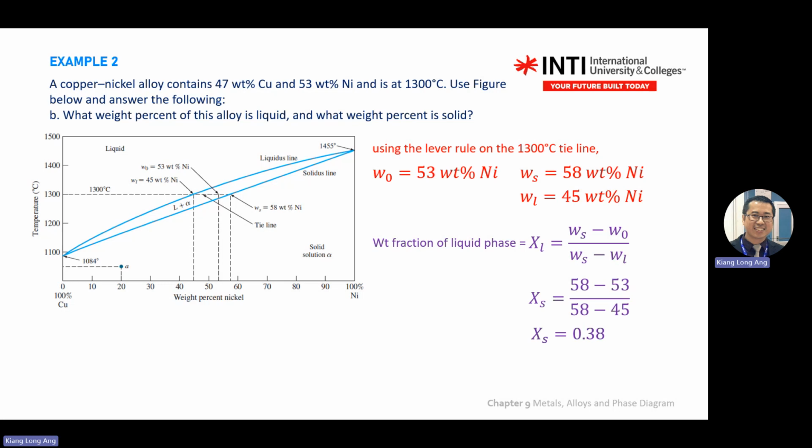You want to prove this one also can, but you don't need to. You find one solid, you just do 100% minus that one, because this total line is 100%. Okay, that is a trick. So the careless mistake is you don't understand where is your L, where is your S. I mean, if you change the shape of the graph already, you get confused, like where is solid, where is liquid.